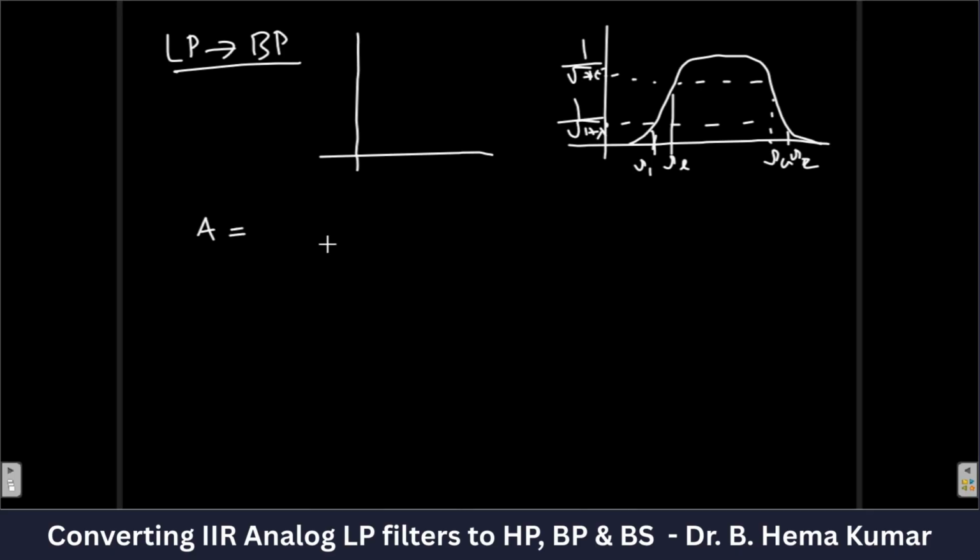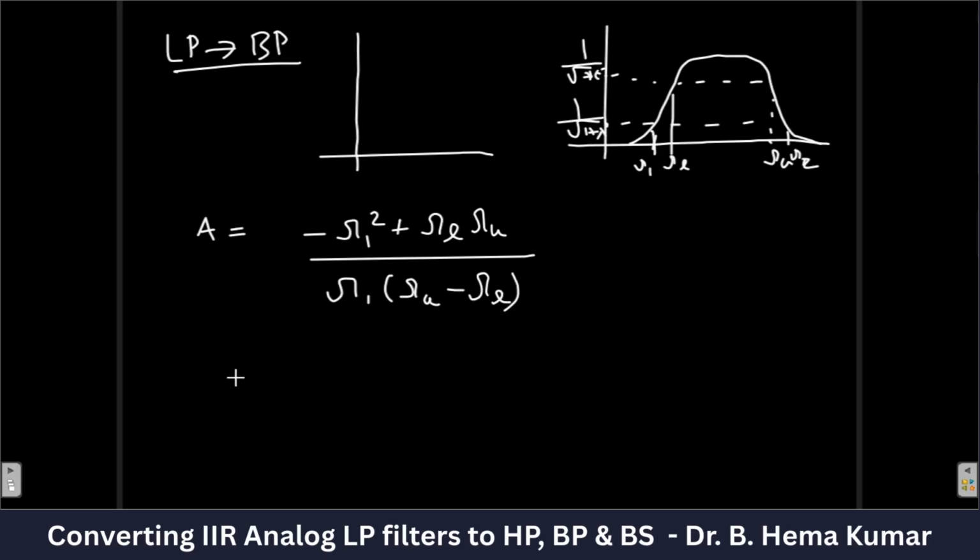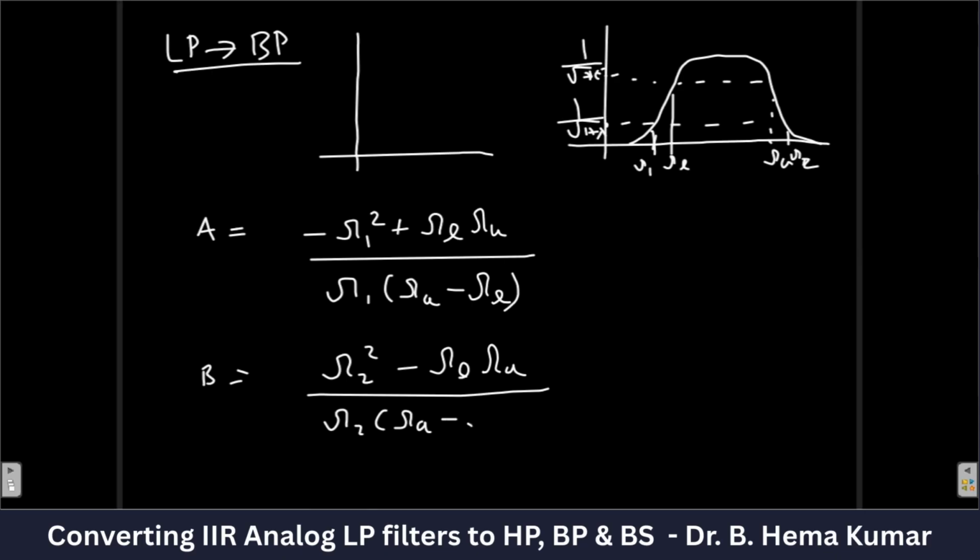First you have to calculate A. A is given by minus omega 1 square plus omega L omega U, divided by omega 1 into omega U minus omega L. Then you have to calculate the factor B. B is given by omega 2 square minus omega L omega U, divided by omega 2 into omega U minus omega L. These parameters, omega 1, omega 2, omega L and omega U, will be given in the question, and from them you find A and B. Once you have found A and B, you have to find something called omega R.